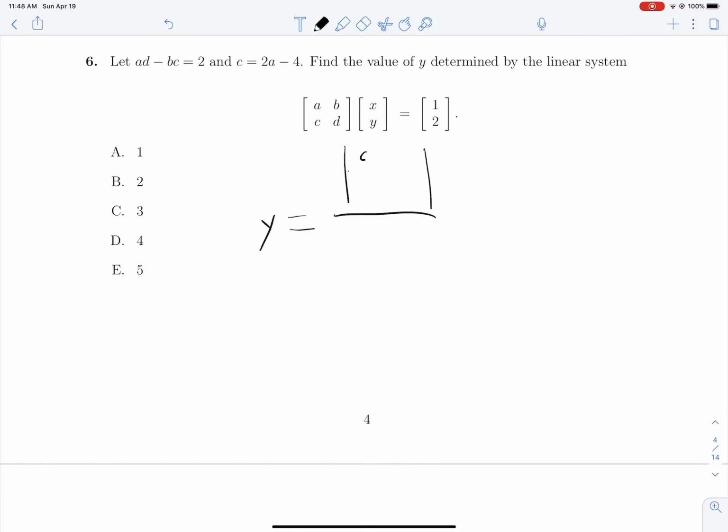So that means we'll have A, C, 1, 2, and then we just divide by the determinant of this matrix with nothing done to it. This gives us 2A minus C, all divided by AD minus BC. Since we know that AD minus BC is equal to 2, we can replace that.